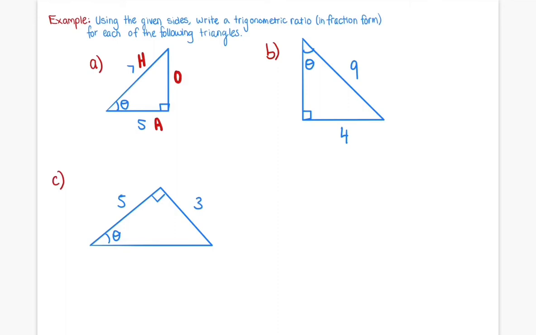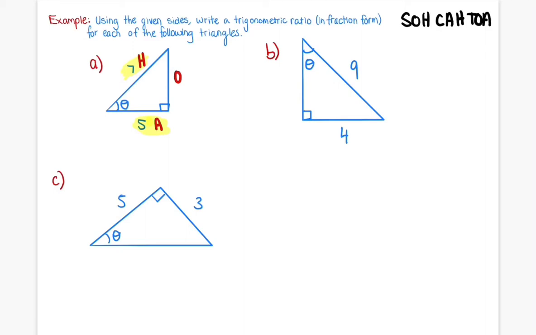Now I'm going to look at which of these sides has a number that goes with it. My H side here has a number that goes with it, and my A side has a number that goes with it. Because I've got my A and H, using my SOHCAHTOA, which I'll just write up here, I look for which one of these has A and H, which is my CAH.